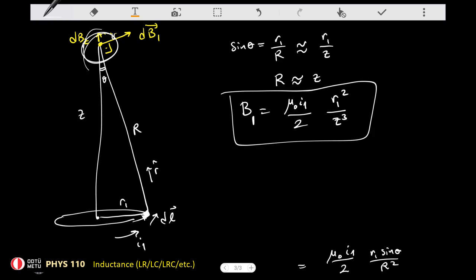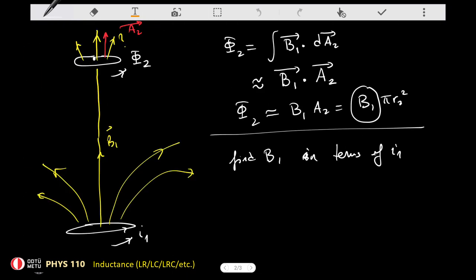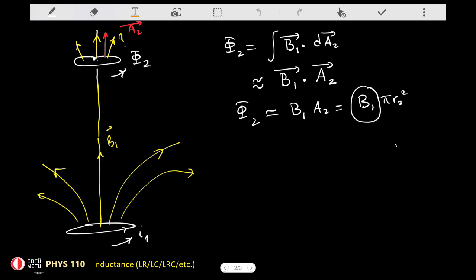So let's go back then for the phi2 expression. So we have already computed this, so therefore this is equal to mu0 I1 divided by 2, r1 squared divided by z cube, pi times r2 squared.